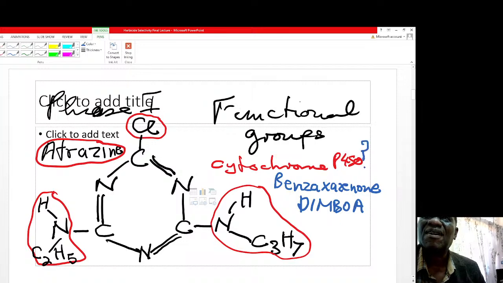So this one is important in other herbicides, but specifically for atrazine, we have got the benzoxazinone. This is it.